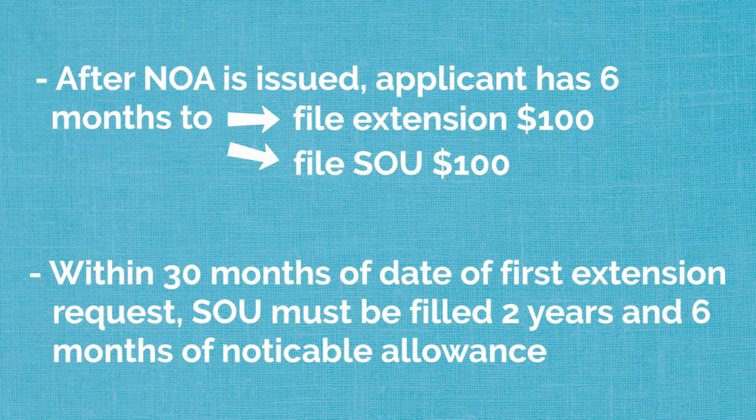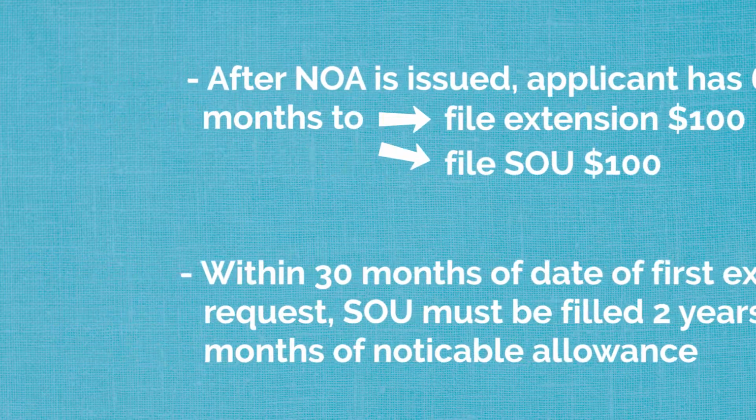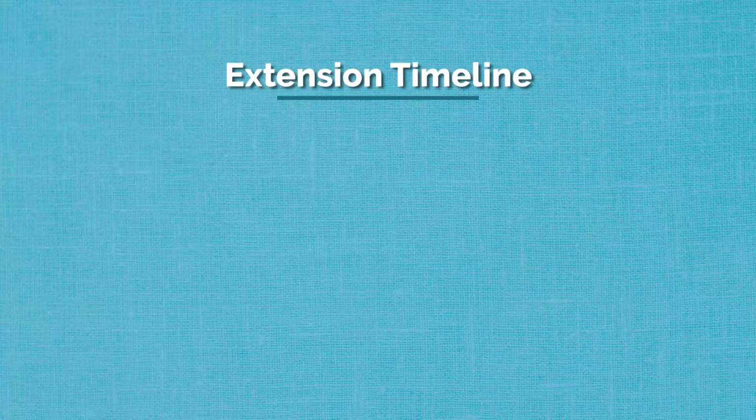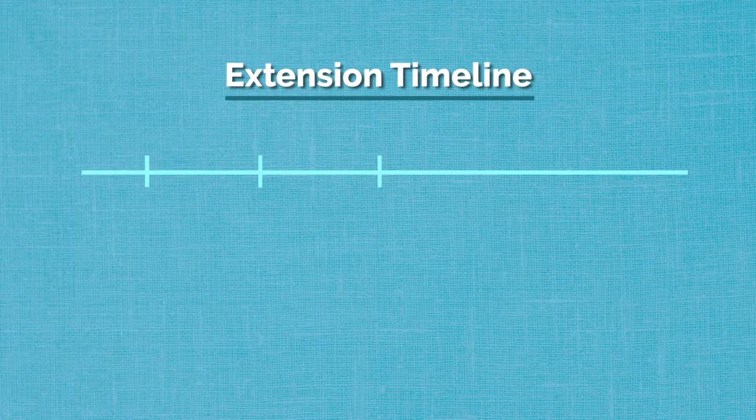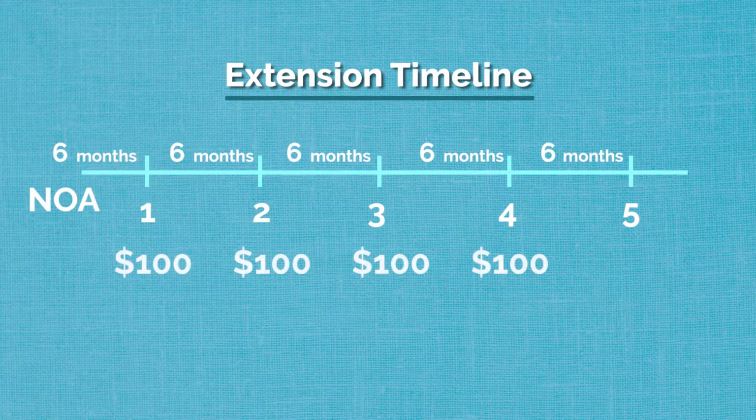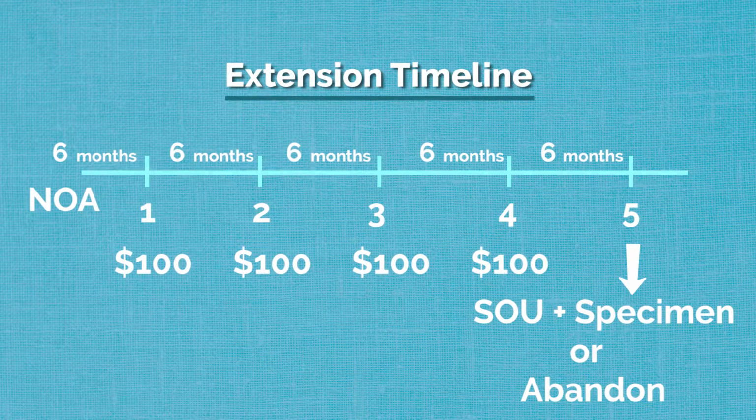So another way to put this, instead of saying 30 months, you've got 2 years and 6 months after your notice of allowance is issued to go ahead and show the government that you're using your product in commerce. So this is the timeline for an extension, assuming that you need all the extensions that the government will provide to you. Here's how it'll work.